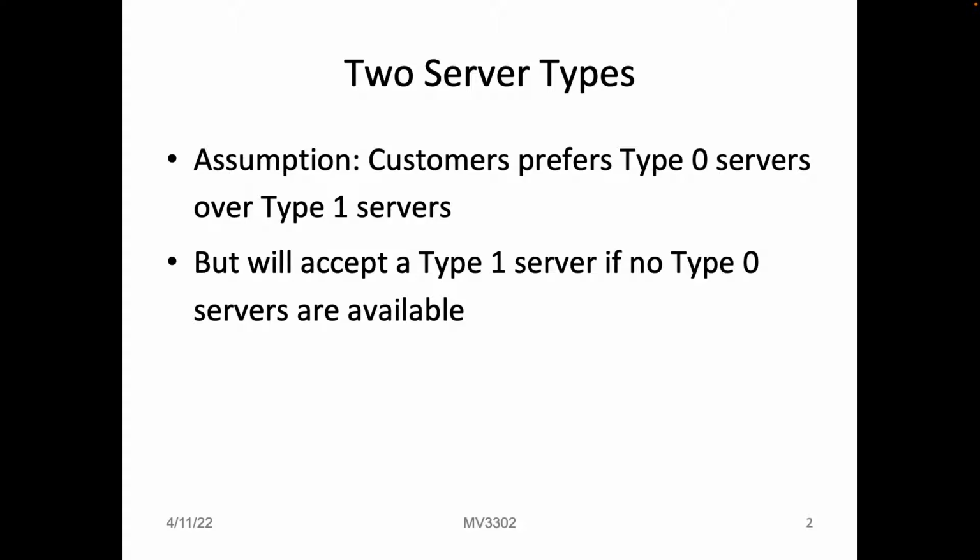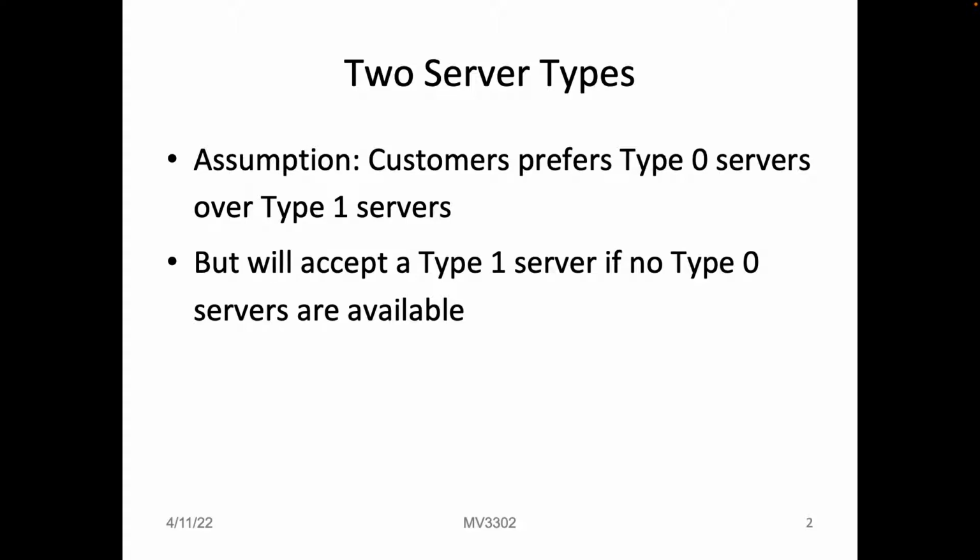So in this case, the jobs are physical things and they don't have any preferences, but the guy who's doing them has a preference. And the preference is that for whatever reason, the type 0 servers, you can call them whatever you want, are going to be preferred over type 1 servers.